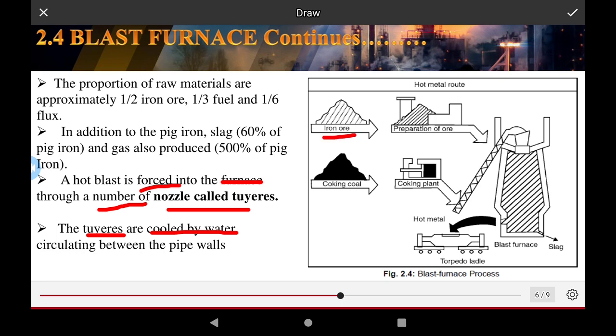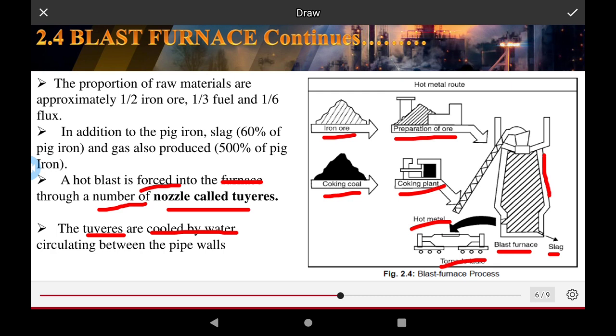Iron ore, preparation of ore, coking coal, coking plant, hot metal, torpedo ladle, blast furnace, slag.